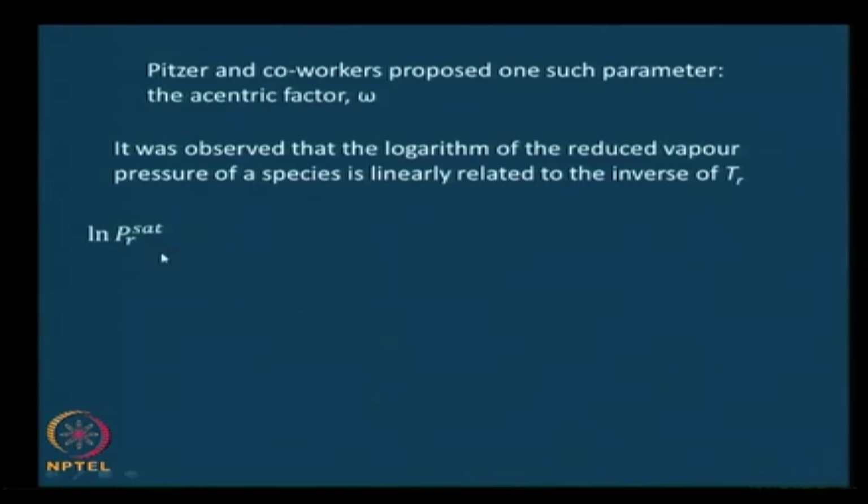Or in other words, the logarithm of the reduced vapor pressure, P_r^sat, saturated pressure being the vapor pressure we are talking about, is a constant times 1 by Tr. It is linearly related to the inverse of the reduced temperature. We will call this equation 317.